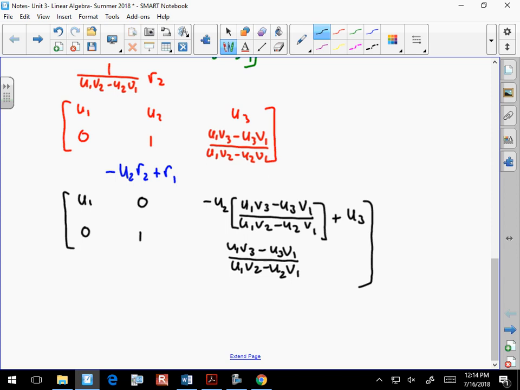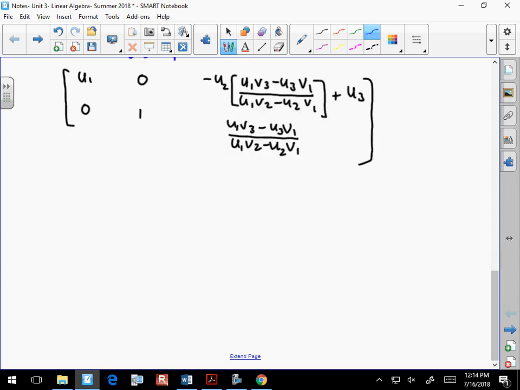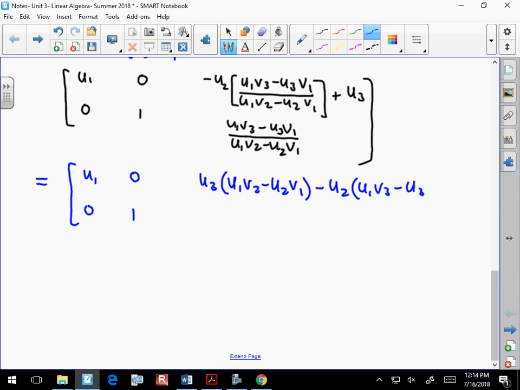All right. Get a common denominator. So that's going to be U3 times U1 V2 minus U2 V1 minus U2 times U1 V3 minus U3 V1, all over shabiggity bangity boom there.